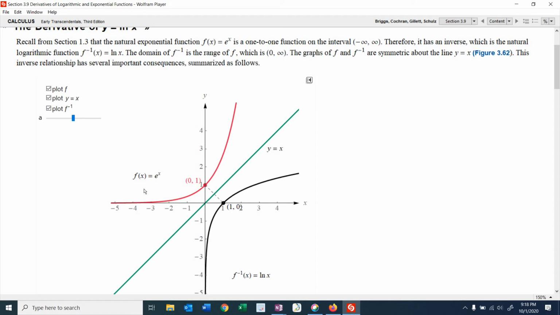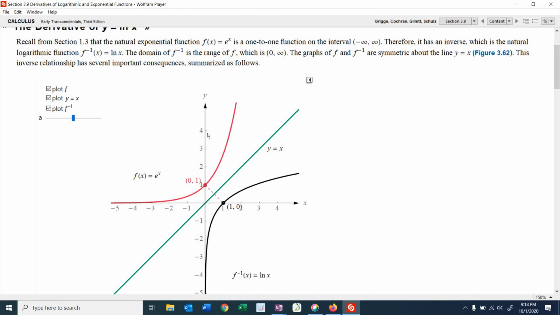Okay, now notice that the domain of the exponential function e to the x is minus infinity to infinity, while the domain of this natural log of x function is only positive values of x. X has to be positive. It never actually reaches 0.